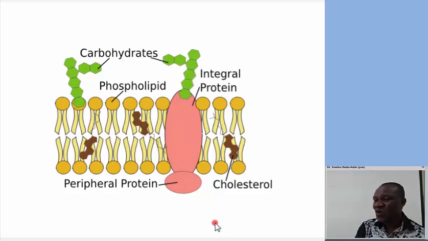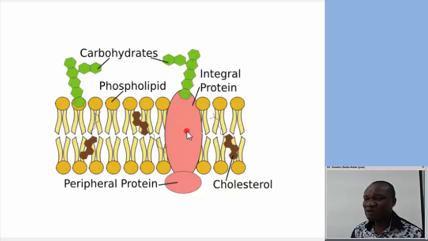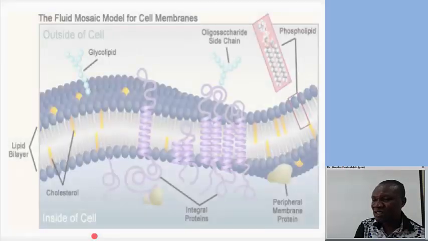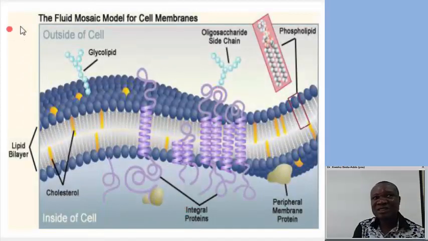So, in effect, we would have a lipid bilayer made up of the phospholipids, and in between the phospholipids we have our cholesterol, and we have our proteins, then we have our carbohydrates. Now, the carbohydrates that are found in the cell membrane constitute a coating on the surface of the cell membrane, like this.